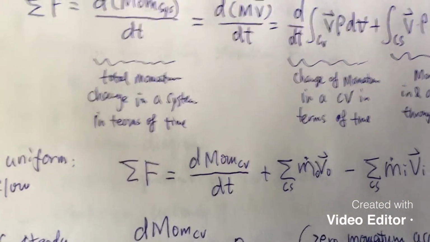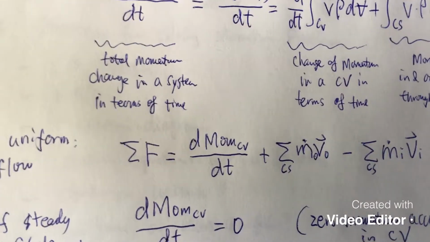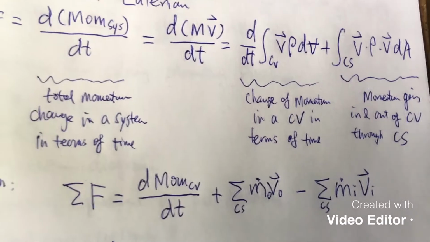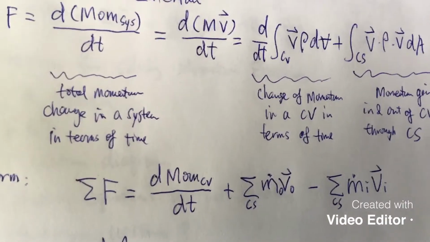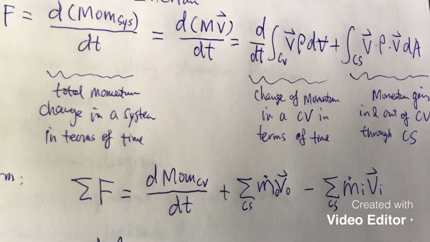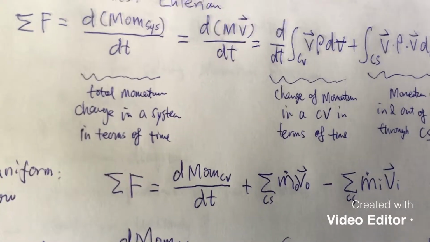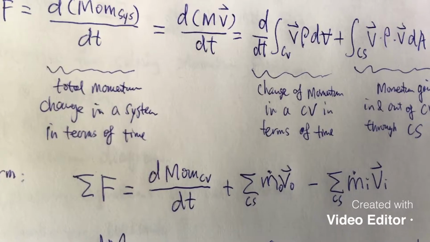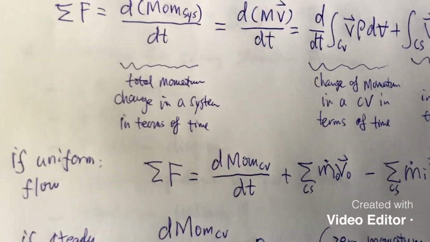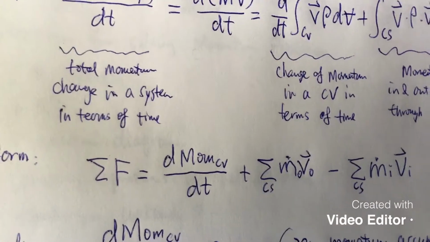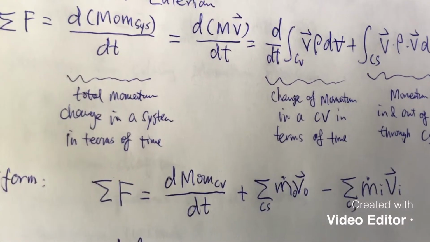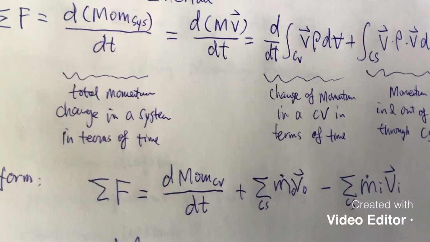Similar to conservation of mass, we ask a couple of questions. Is the flow uniform? That surface integration, the mass flow rate, rho v dA. If it's uniform velocity, then you don't have to do that integration. So if it's uniform at inlet and outlet, the equation becomes this. The volume integration is the total momentum in the control volume.